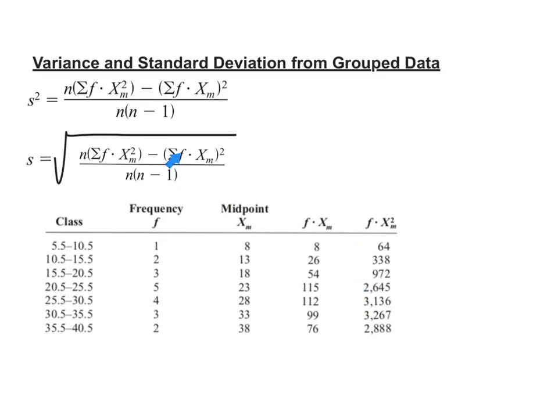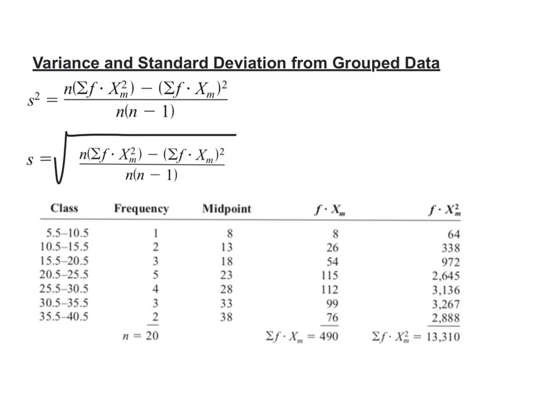The second part, you have to take all of these values, add them up, and then square it after. So I need totals for each of those columns. Okay, and that's what I have here. The total for the frequency times the midpoint, and the total of the frequency times the square of the midpoint. I need both of those because they're each going to go into our formula.